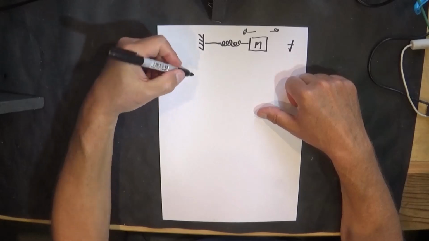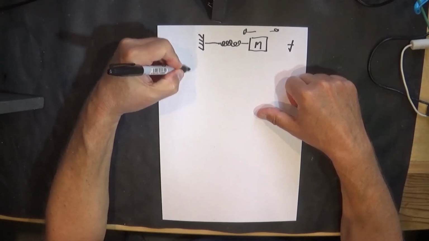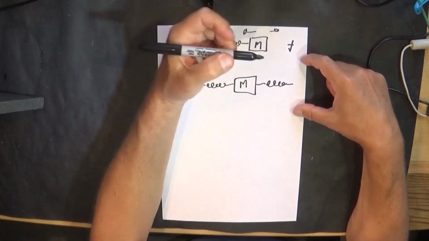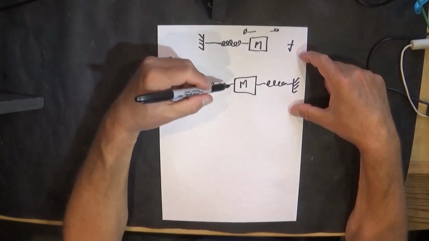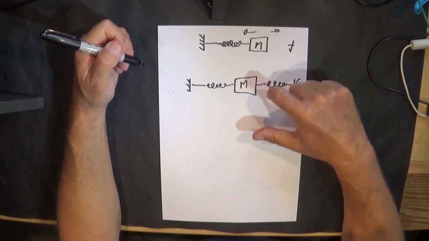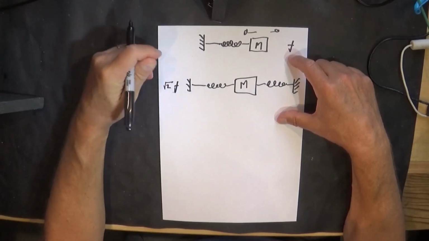So then we looked at this. Same mass, 2 springs, and we found that that has a frequency of square root of 2 f.